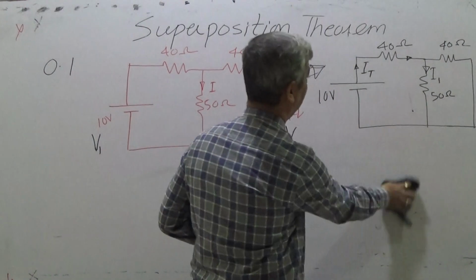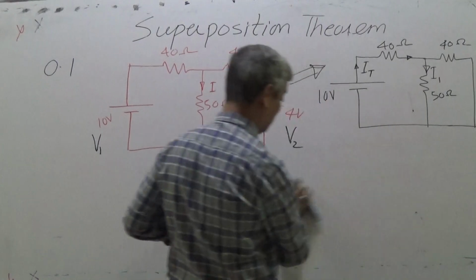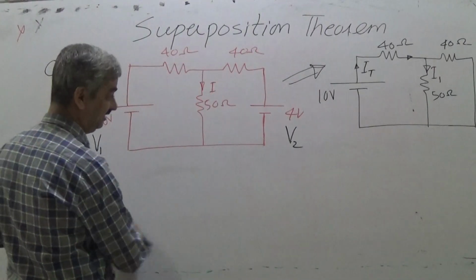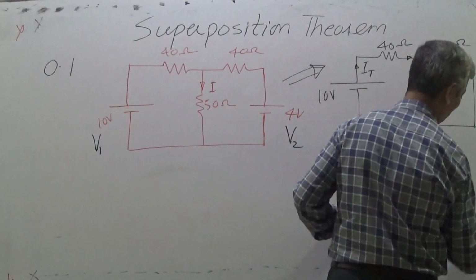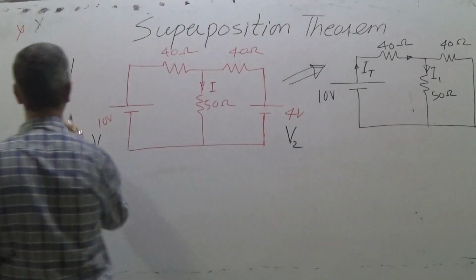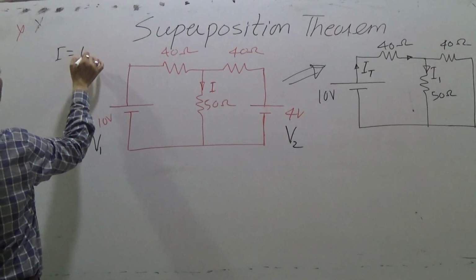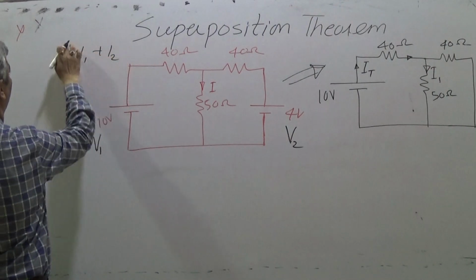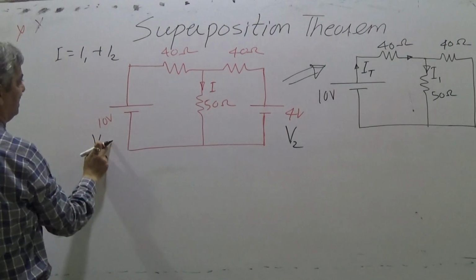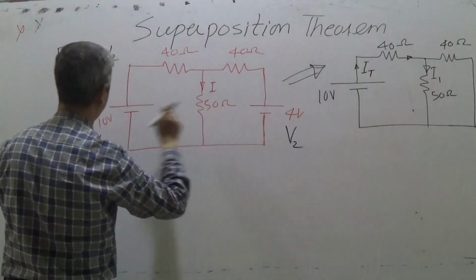So now there should not be any complaint that you rubbed it out, sir, because we were yet to see the contents. Now you can pause, you can go back and watch. So I1, I will write down somewhere else. I is equal to I1 plus I2, where I1 is the current when V1 is active and this is shorted, and I2 is the current when V2 is active and this is shorted.